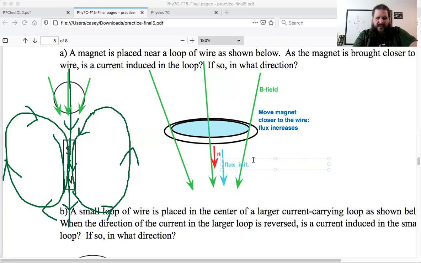But then the flux has increased. The final flux is going to be larger. Because we're now in the presence of a stronger magnetic field. So if you imagine the flux as a vector, which it isn't, but we can treat it as being in the direction of the normal vector as just the direction we're defining as positive. We've got an initial flux that gets stronger and stronger and stronger.